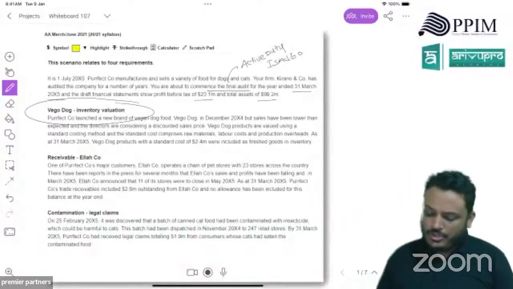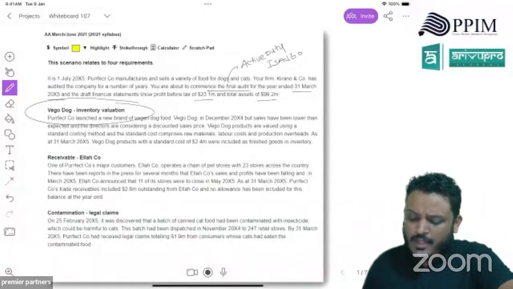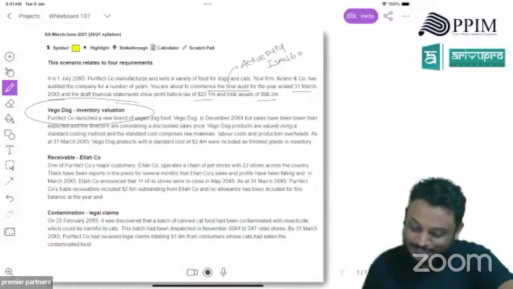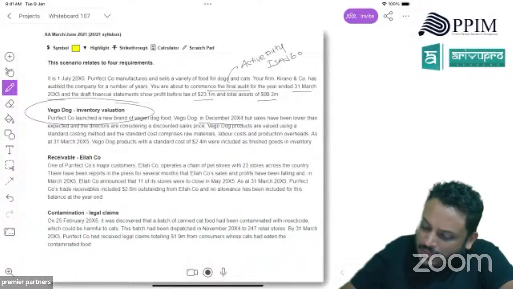P company launched a new brand of vegan dog food, Vego dog, in December 2004. When is my year end? 31st March, so during the financial period.